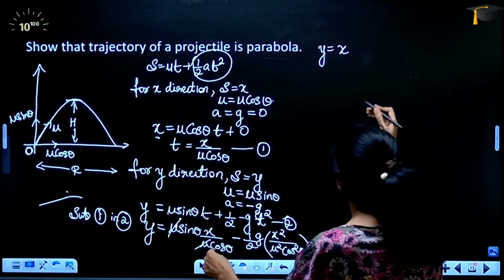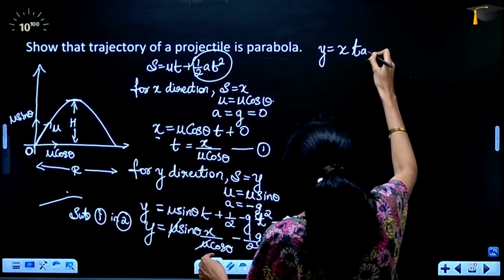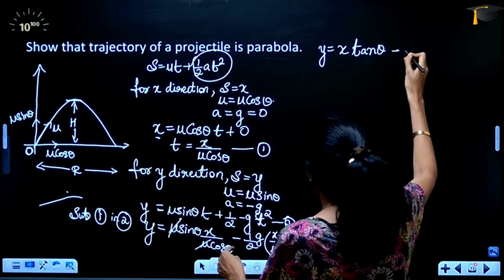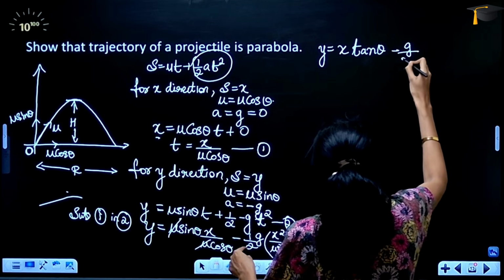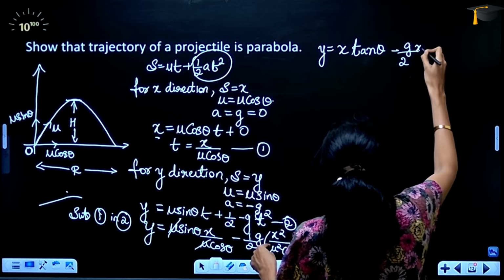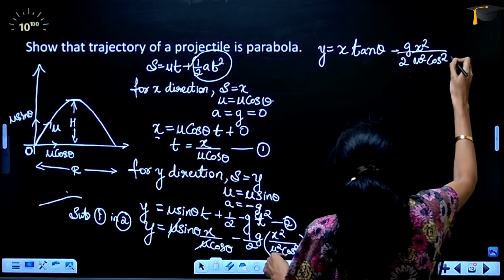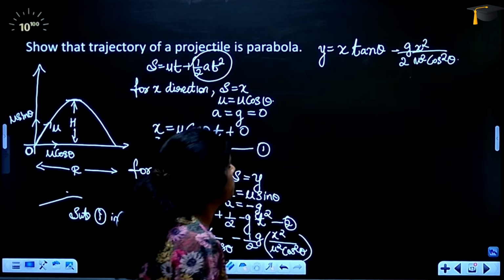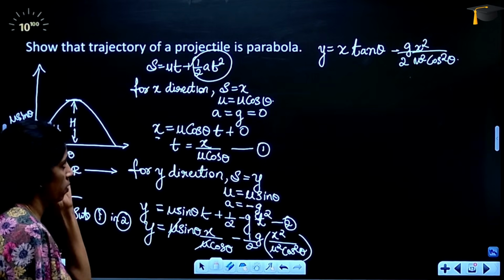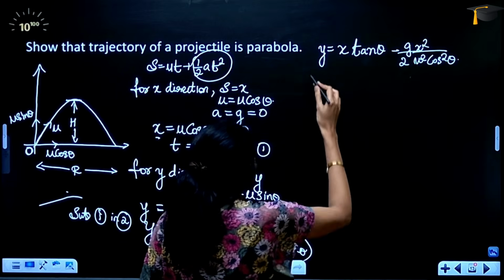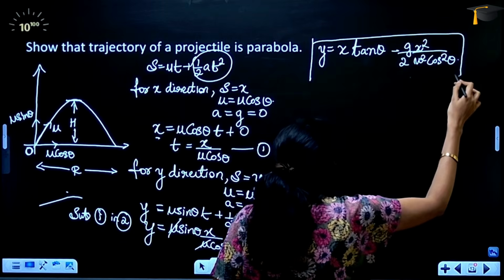Can we take sine theta by cos theta as tan theta? Yes, we can take it as tan theta minus G by 2 X square by U square cos square theta. So now this is my final equation of motion, students.